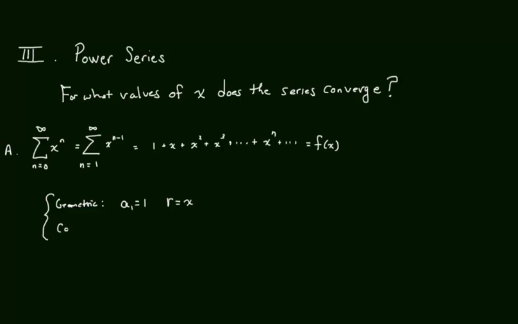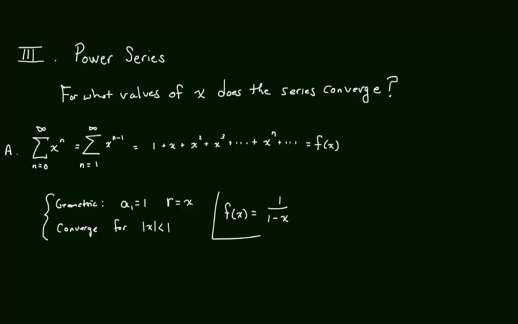So it's going to converge for the absolute value of r less than 1, so here we're going to say the absolute value of x is less than 1. So it's going to converge when the absolute value of x is less than 1. In fact, I know what it's going to converge to. The function is going to converge to 1 over 1 minus the common ratio.